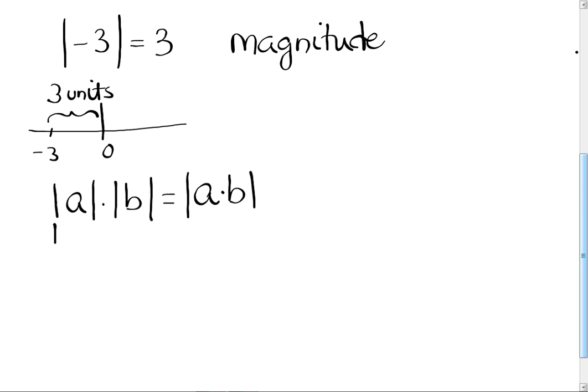So if you have the absolute value of -3 times the absolute value of 5, you can do it this way. What's the absolute value of -3, Joe? 3 times 5, which is 15.